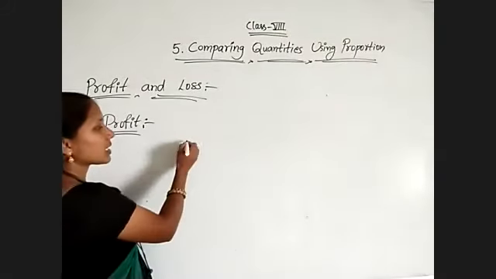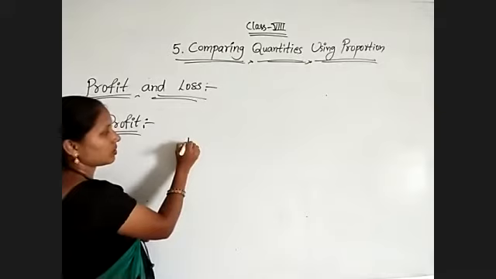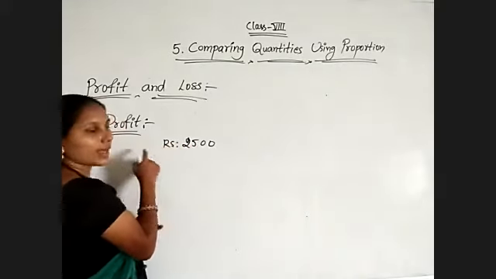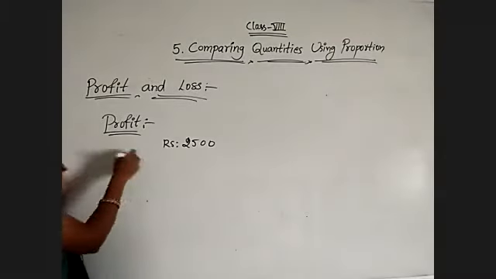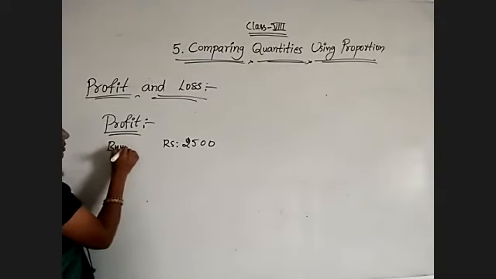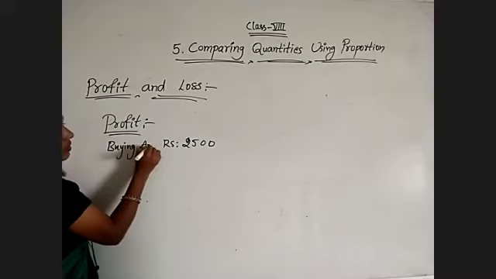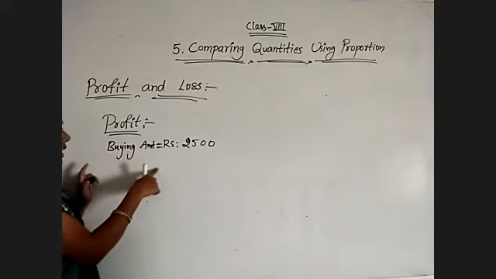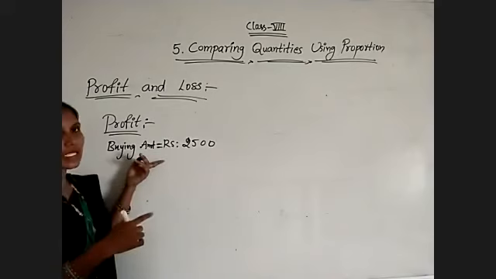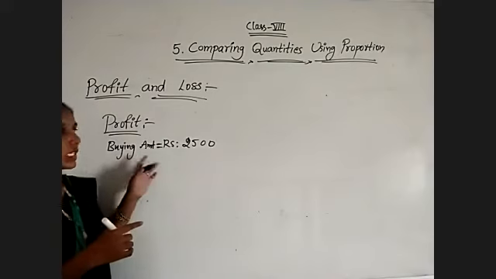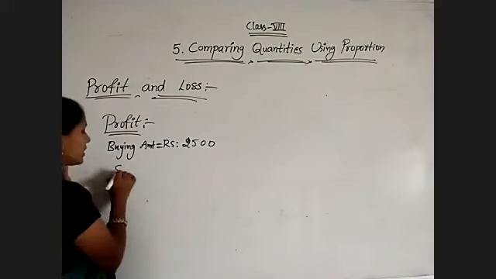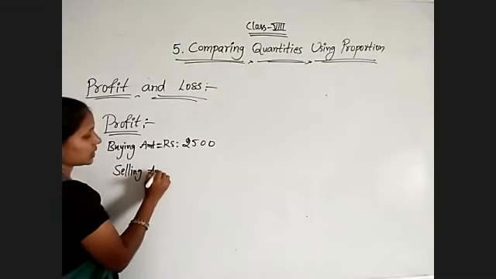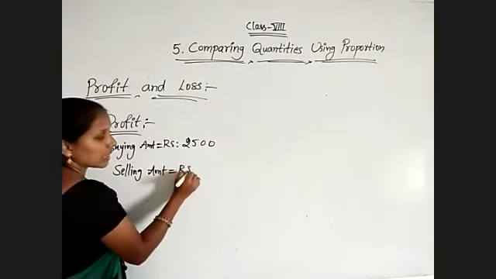I bought a bicycle for 2,500 rupees, so the buying amount is 2,500 rupees, and I sold that bicycle to another person for 3,000 rupees. Means the selling amount is equal to 3,000 rupees.